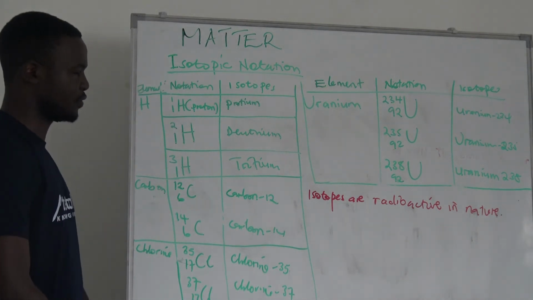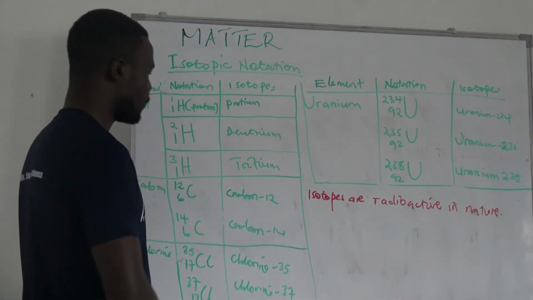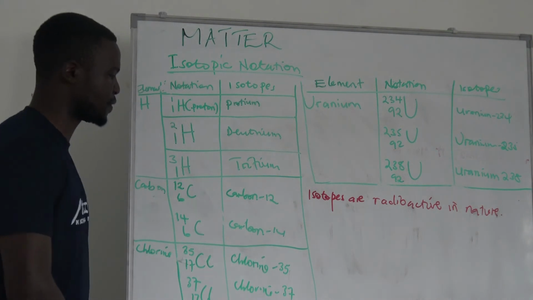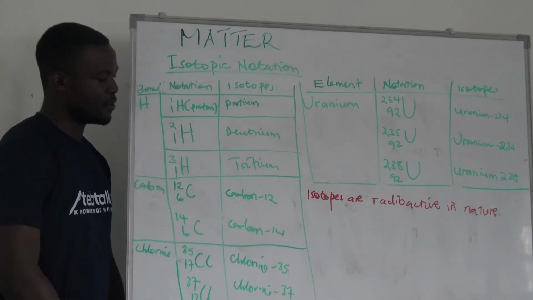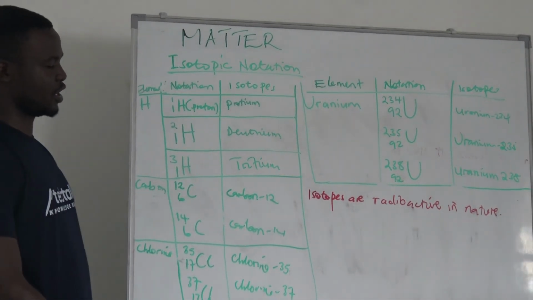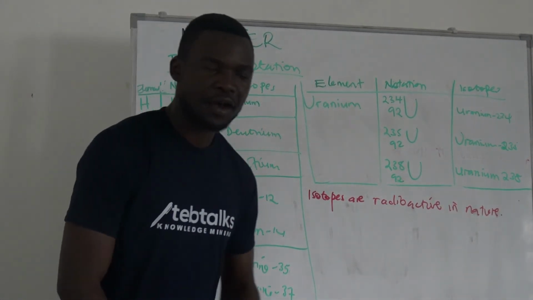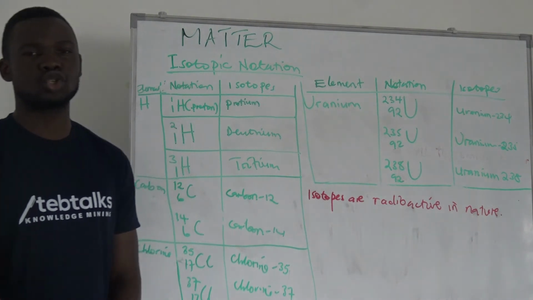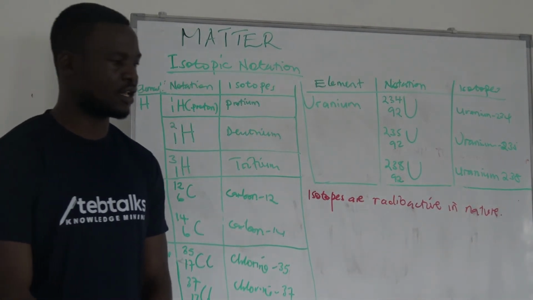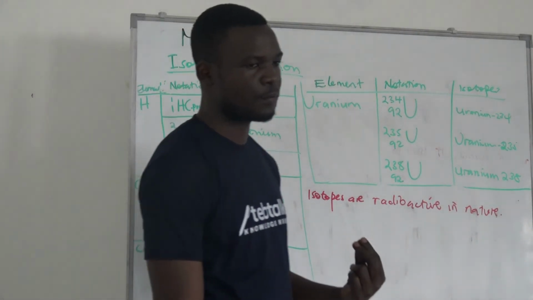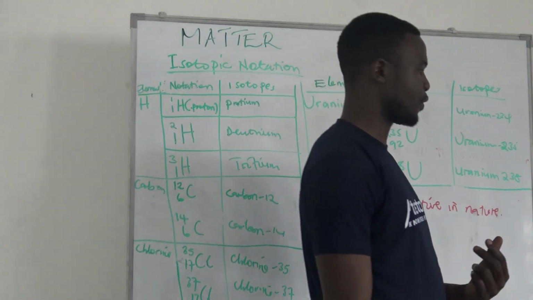Now, these isotopes are very useful. For example, carbon-14 is used in carbon dating, which is used in determining the age of fossils or remains.